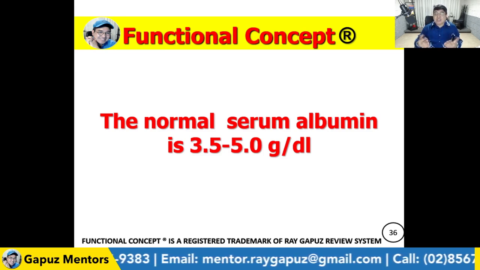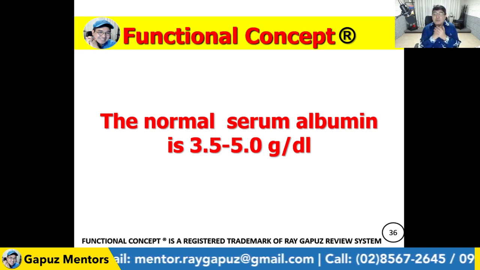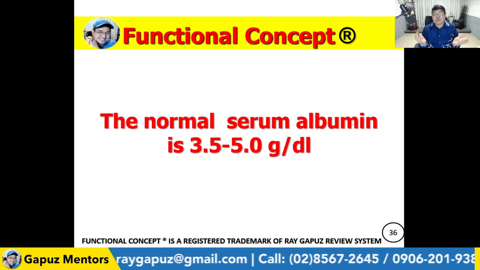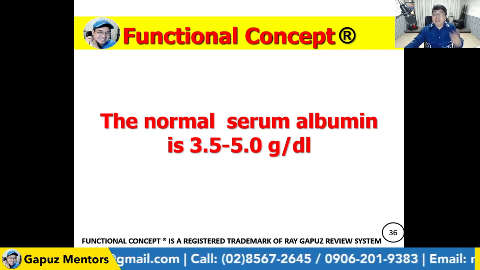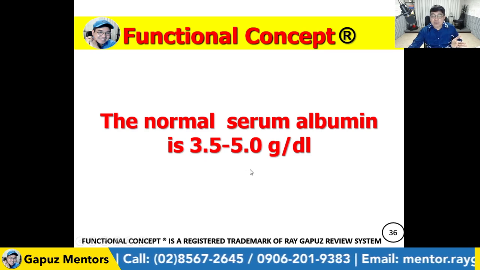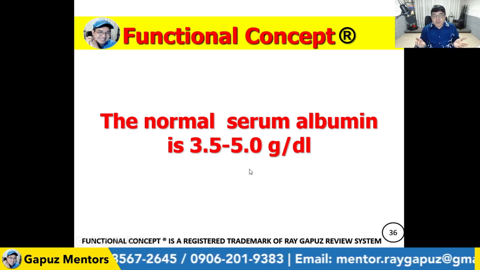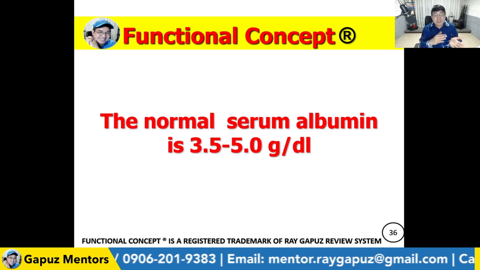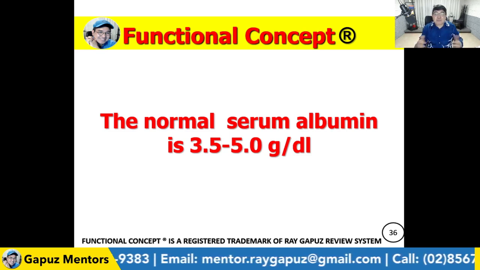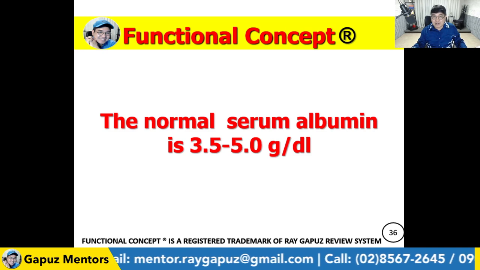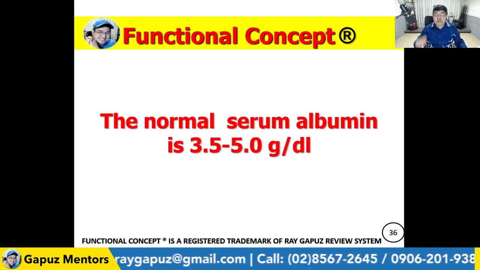In which case, the client is going to have edema because your colloid osmotic pressure is low. So in a patient with low serum albumin, where edema could develop, what would be your priority intervention? Frequently turn the patient, because an edematous skin is prone to pressure sore formation. So that's how you use the concept.